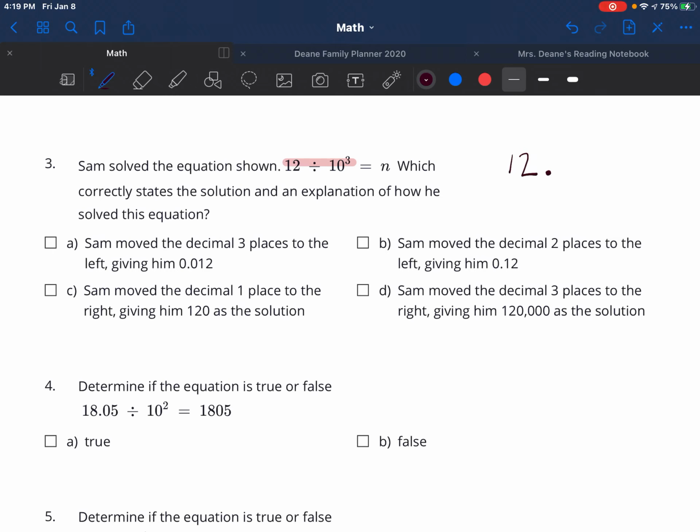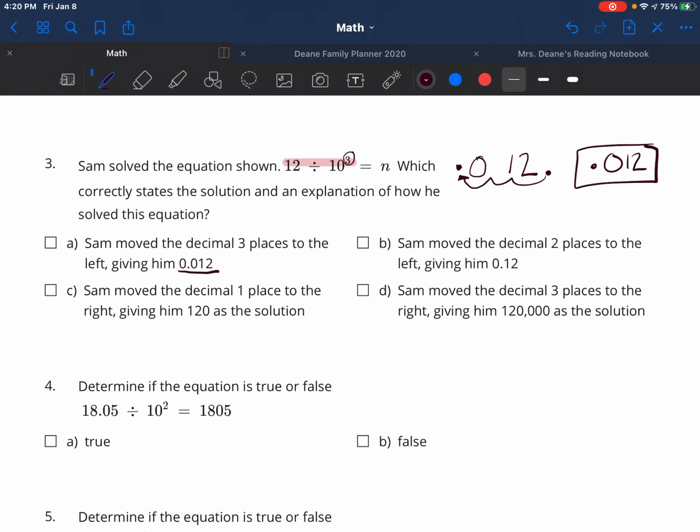I know my decimal is after a whole number. And I'm moving my decimal 3 places to the left because I have a 3 in my exponent. So I'm going to go 1, 2, 3. And in this case, I have an empty spot, so I'm going to put a 0 in. So I'm looking for a number or an answer that has 0.012 in it.